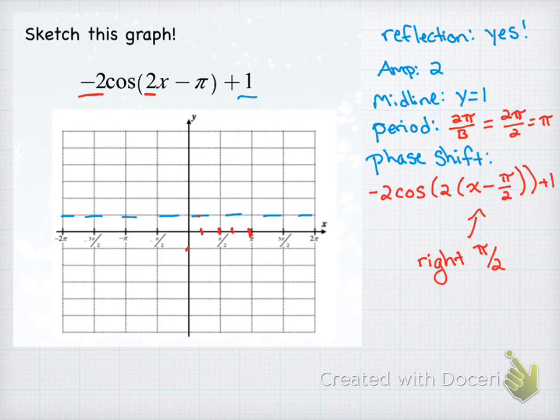Here, this pen is being irritating. I'm going to change it. So I start below the midline. I am on the midline at the first quarter. Halfway through, I am 2 units above the midline. And then the third quarter, I'm on the midline again, and I'm going to end down below the midline. And this is one phase of this function, one cycle.